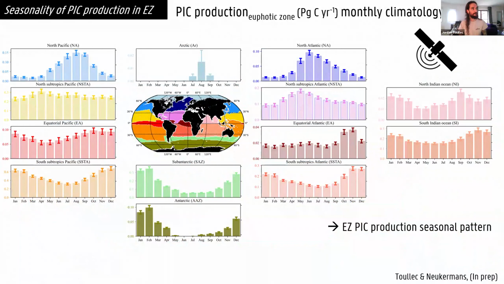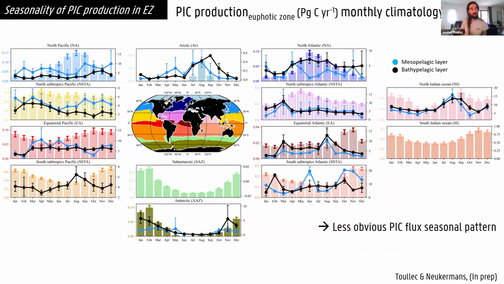This graph is a summary of all the different seasonal patterns of PIC production monthly climatology for all the different regions. If I plot the sediment trap data, in the mesopelagic layer in blue and the bathypelagic layer in black, we don't observe very nice seasonal patterns, except sometimes, for example in the Arctic, where we have higher sinking PIC flux in both the mesopelagic and bathypelagic layers during July to September, when we have the pulse of PIC production.